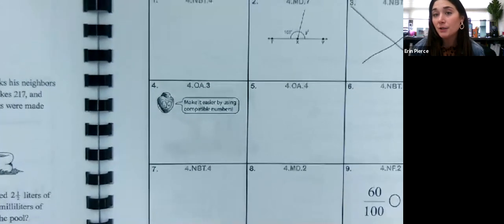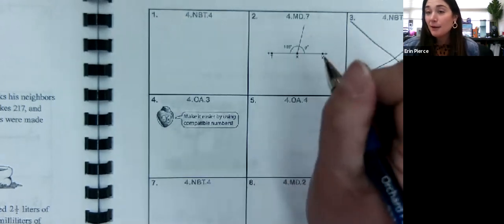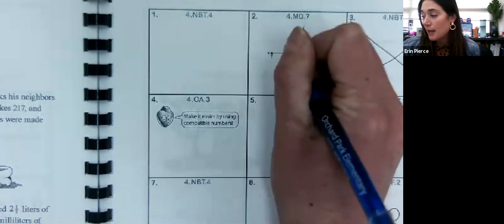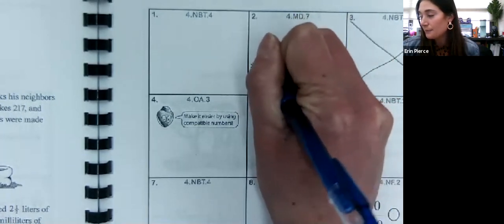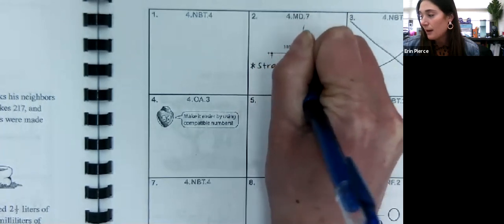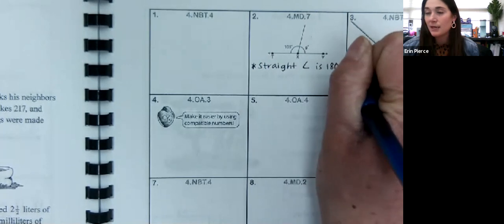So on number 2, it asks you, what is the measure of G if angle TXV is a straight angle? Keep in mind, remember, a straight angle is 180 degrees.